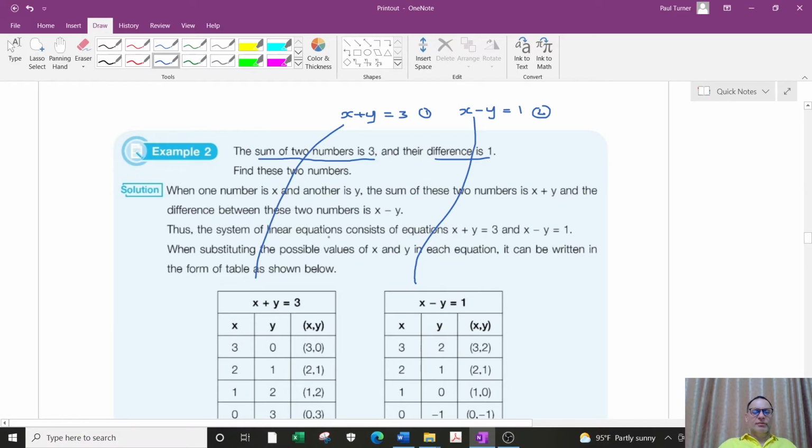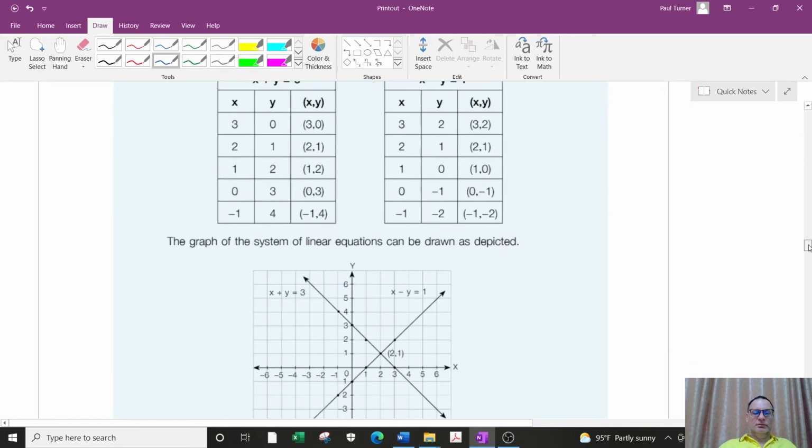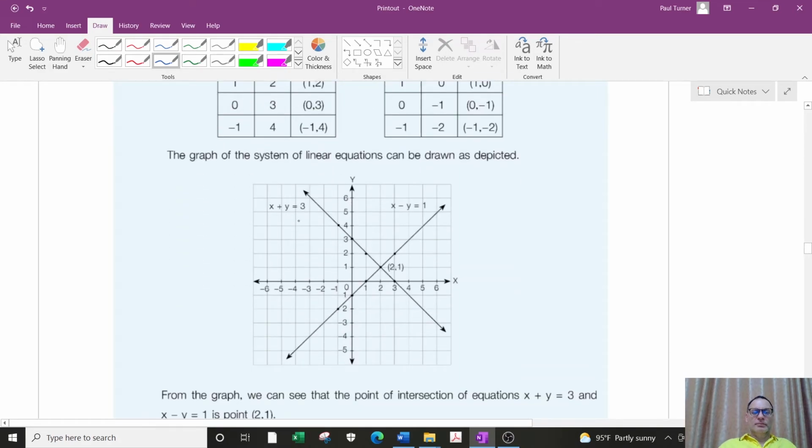Thus, the system of linear equations consists of 2 equations, x plus y equals 3, that's this one, and x minus y equals 1, this one here. And then we are going to put them both into the same set of axes. So we draw the two lines and notice we have an intersection point here. This is your solution to the problem.